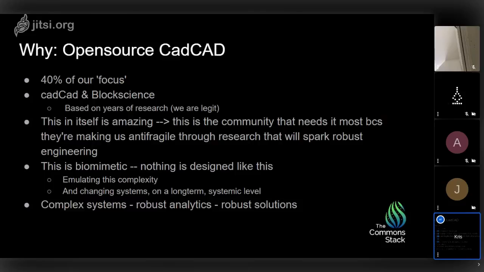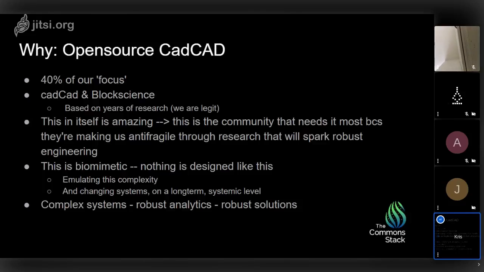And if you want to make a community, if you want us to become more anti-fragile, you have to start with the community that needs it most and that has actually done the analysis of what is making us fragile at this exact moment. And they have no funding. So we need to first open source CAD. That is the message here, and just telling a little bit more about that here.